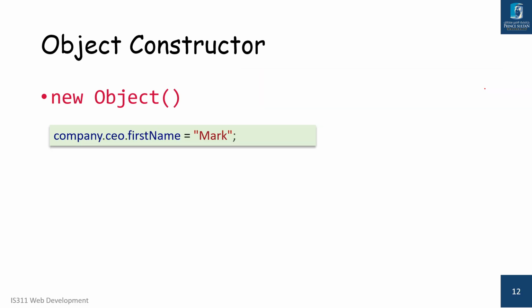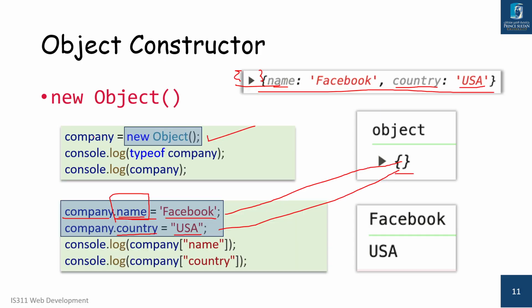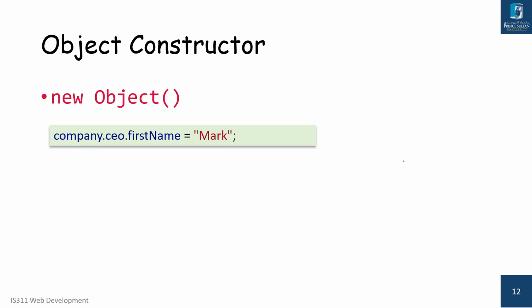Now, one more thing. If I use the same notation, company, and then inside the company I want to access the property name, then this property does not exist, so it will be created automatically. But if I say company.ceo dot first name, with the same notation we have seen before, we are trying to access inside the company a property named ceo, and if it does not exist, it should have created it.